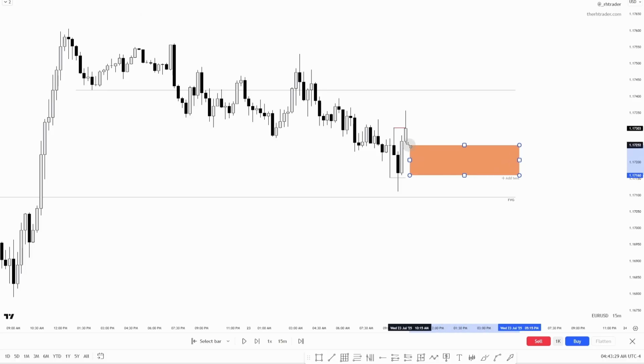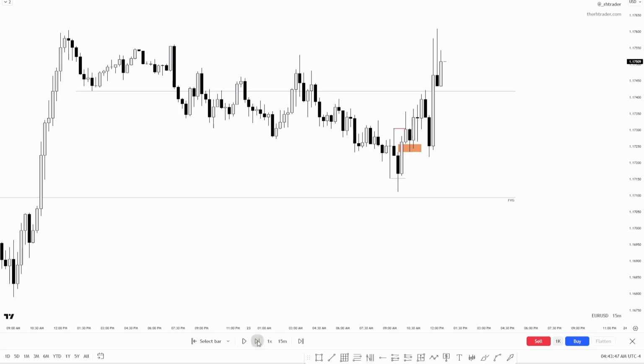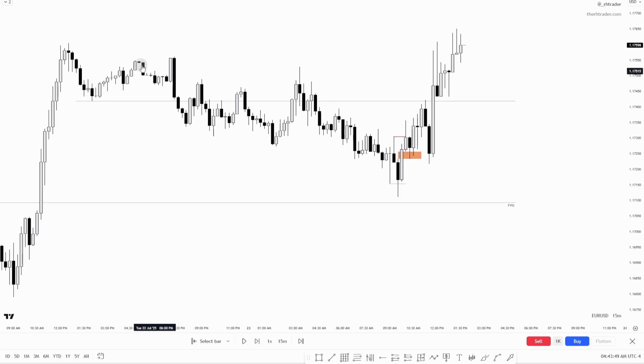This is your high probability fair value gap. Once you see this, you've got your entry. Your stop loss goes below the fair value gap candle or below the swing low. Watch how price gets into it once again, and then moves higher, targeting liquidity right here.